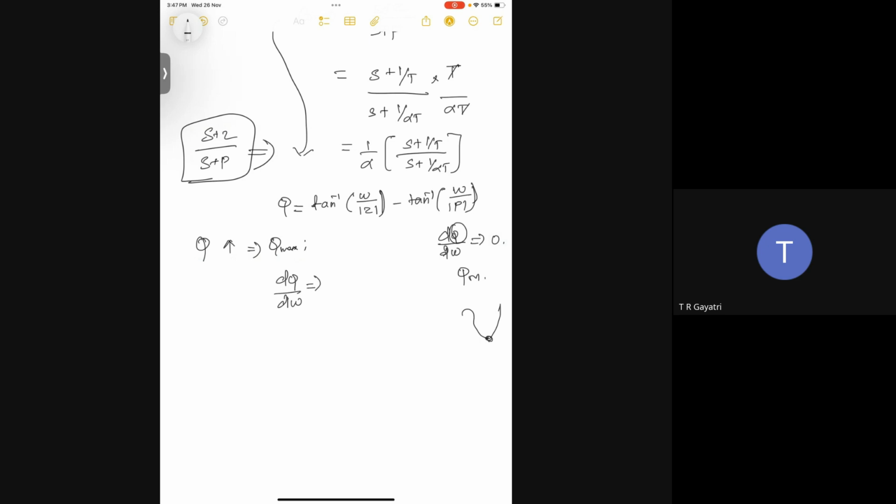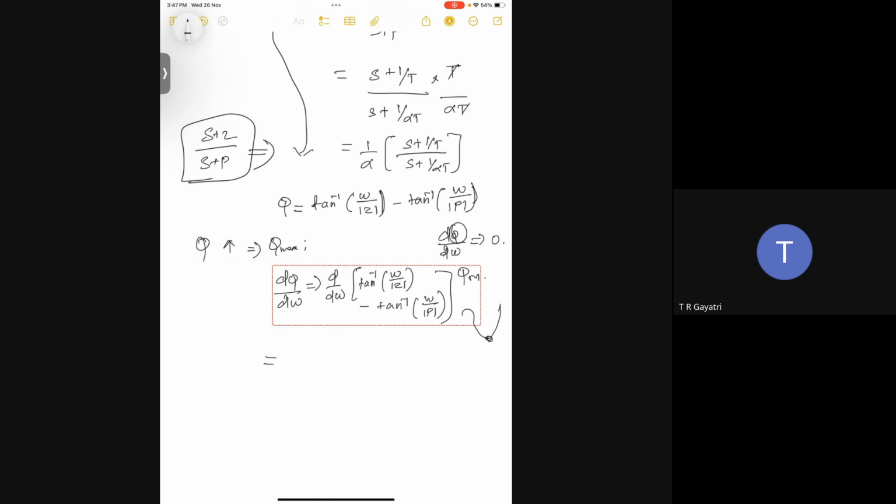So this will give me d by d omega of the overall function, tan inverse of omega by z minus tan inverse of omega by p. It's a little not easy to calculate.